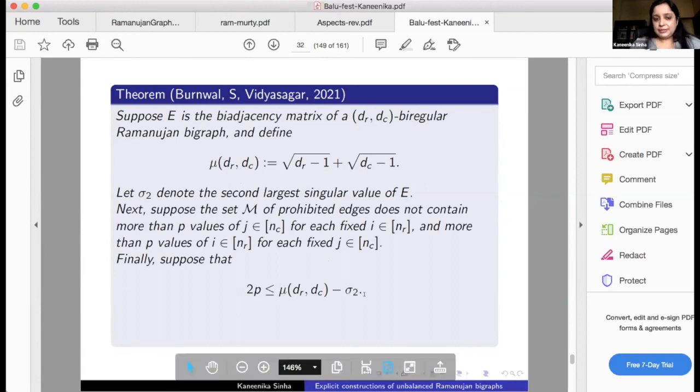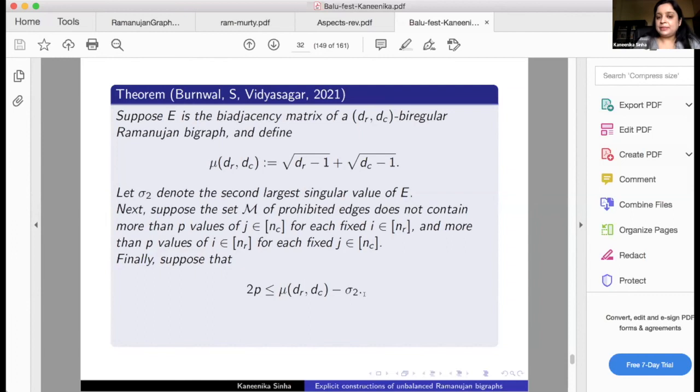And suppose we have the following restrictions on the set M, namely M does not contain more than p values of j. So for any fixed i in the vertex set VR, there are at most p vertices j in V sub c so that ij lies in the set of prohibited edges.